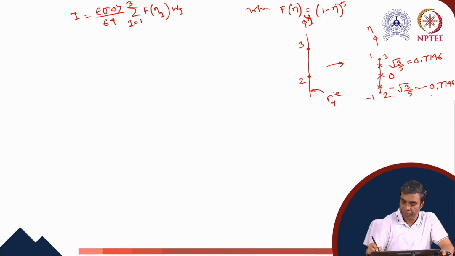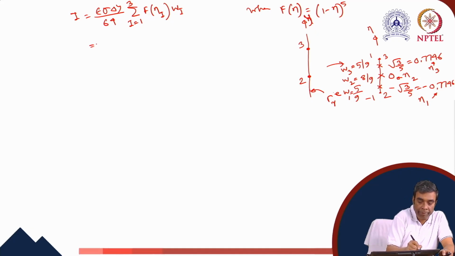So this is quadrature point 1, this is quadrature point 2 with eta equals 0, and for quadrature point 3, we have eta equals 0.7746. Now, the Gauss weights are 5 by 9, 8 by 9, and 5 by 9. So this is W1, this is W2, and this is W3, corresponding to quadrature points eta 1, eta 2, and eta 3.